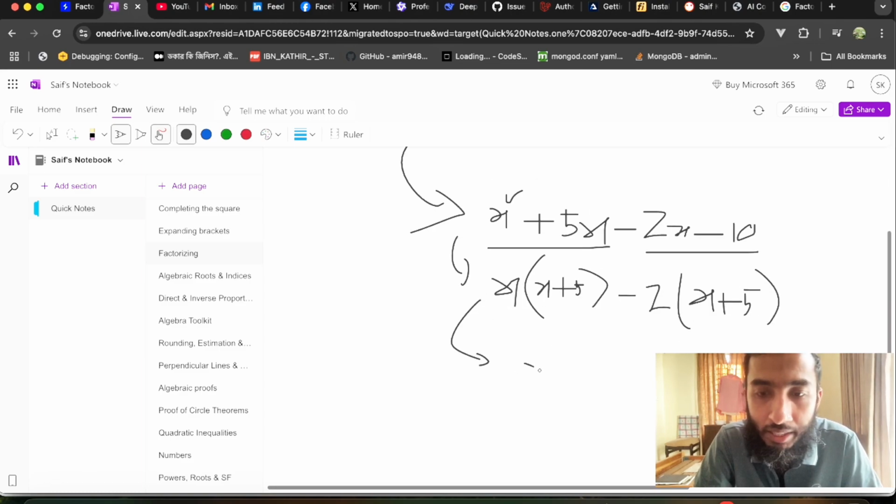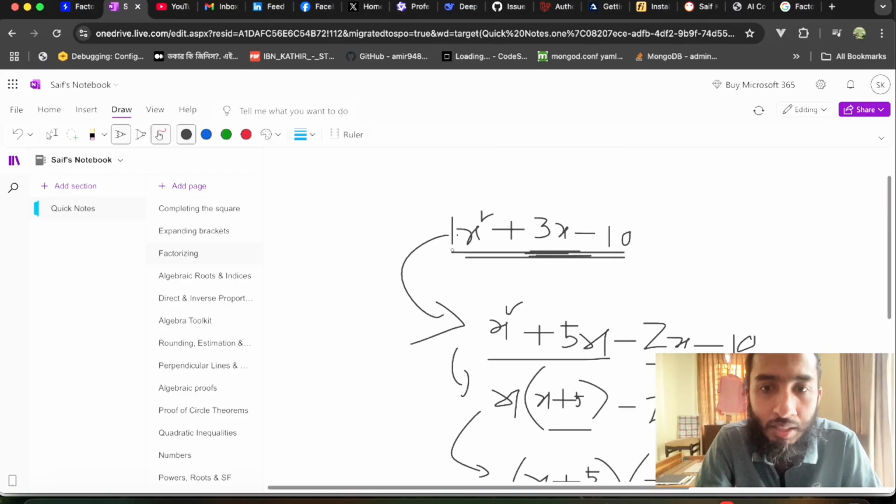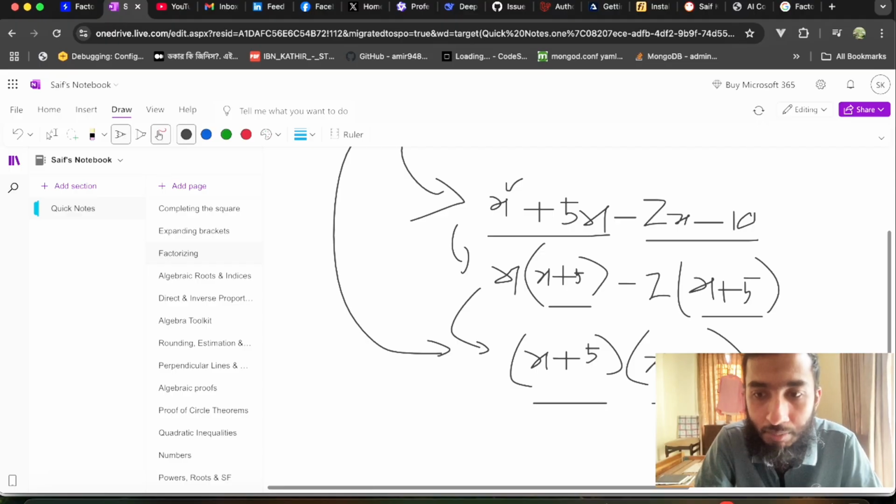So what do I get? Since x plus 5 is the same, I can write x plus 5 times x minus 2. So I have written this expression as a product of two expressions, x plus 5 and x minus 2.